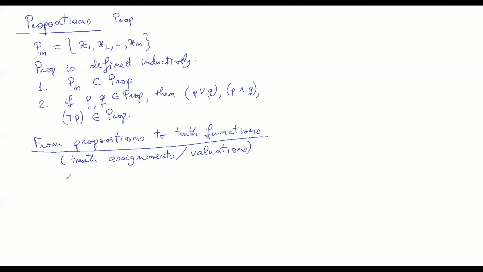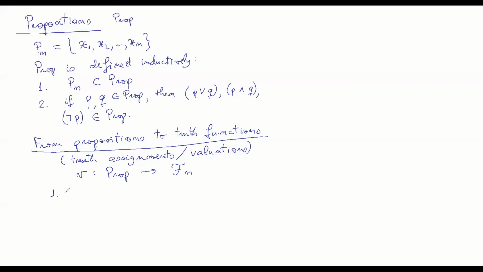If I have two propositions P and Q, I denote this valuation by V. So this is going to be V from Prop, the set of propositions, to the set of truth functions. And on the set of variables, I have to define some value.